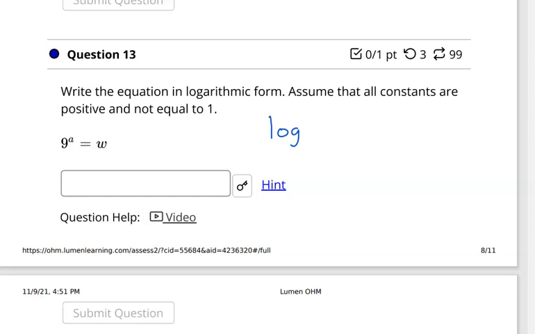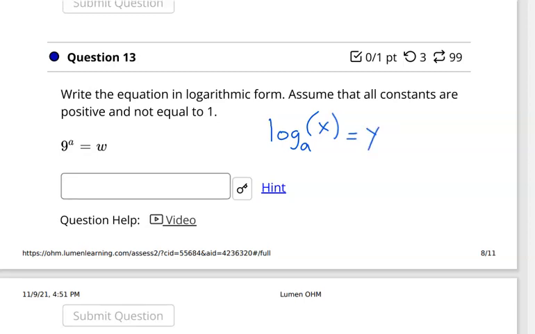Log base A of x equals y is the same as A to the y equals x.